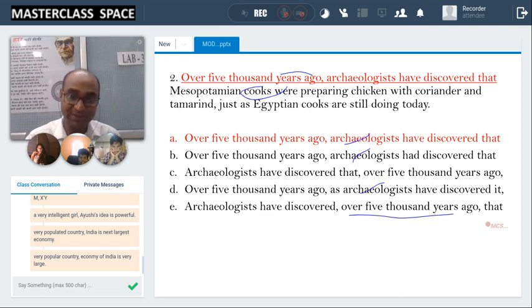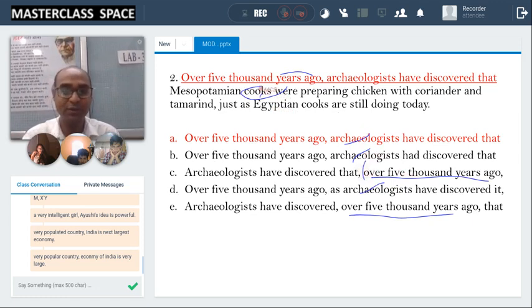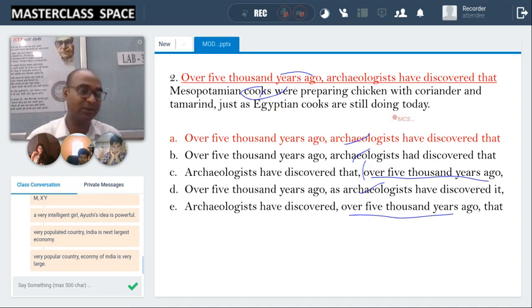So in E, archaeologists have discovered that, over 5,000 years ago, Mesopotamian cooks were preparing chicken with coriander and tamarind. This is a modifier that is close to cooks, and that's why it is the best option.